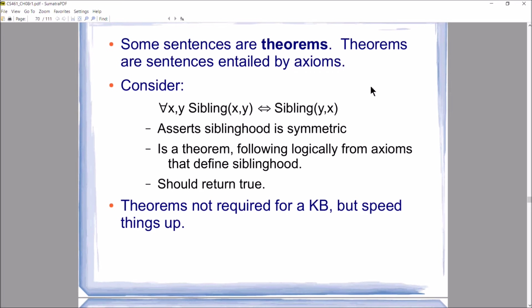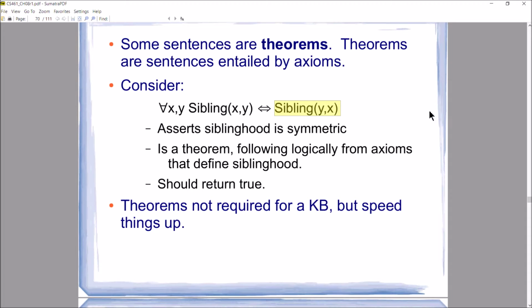This is telling us siblinghood is symmetric, it goes both ways. And so this is an example of a theorem. Why? Because we can conclude that it's symmetrical based off of the axioms that are defining siblinghood.